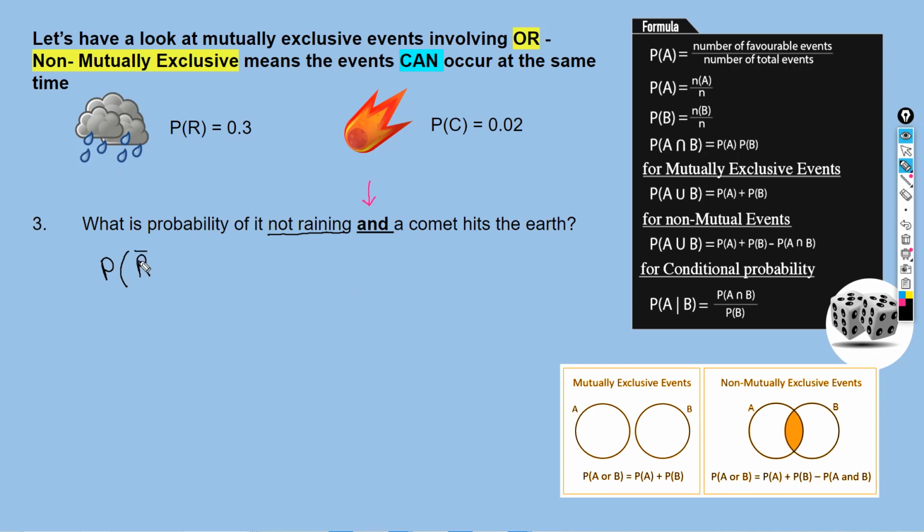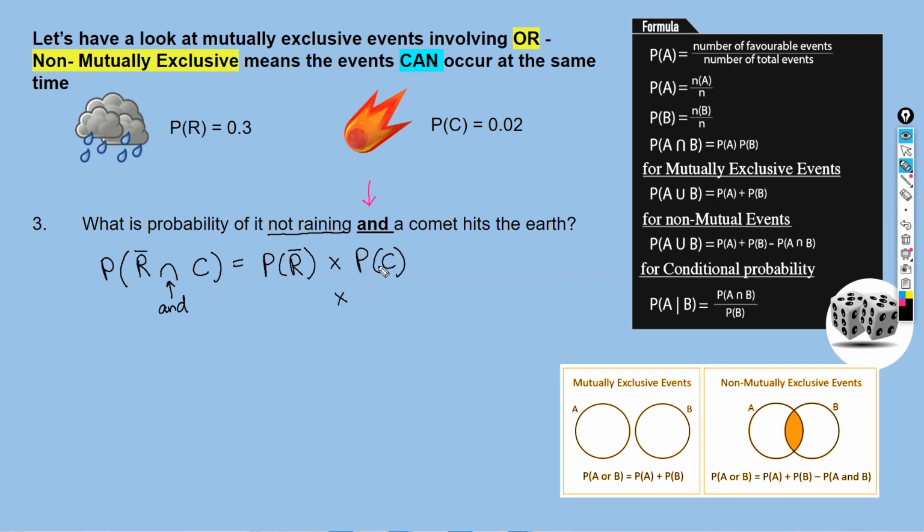This means not raining and a comet hits Earth. So once again, this is a symbol for "and," better known as intersect in Venn diagrams. So it's the probability of it not raining multiplied by the probability that a comet hits Earth.